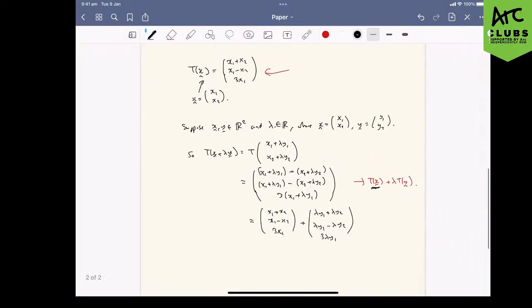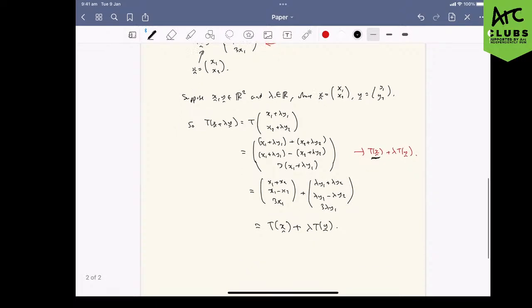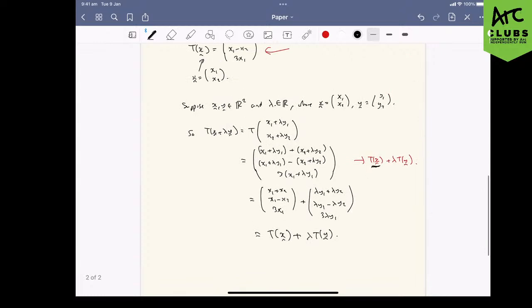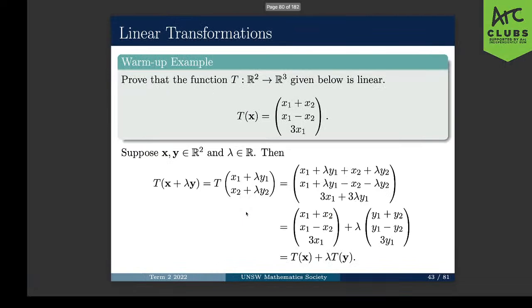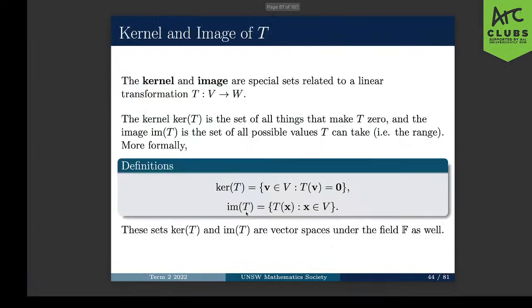If you look at the formula, the first part is just T of x. The second one, you can take out the lambda, and it will be lambda Ty. Because of this and the previous theorem, we see that T is a linear transformation. Okay, so there we have it.